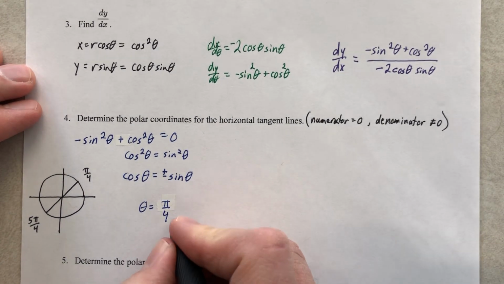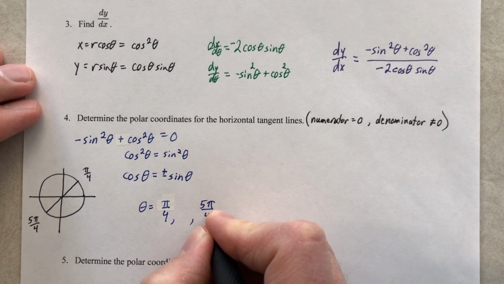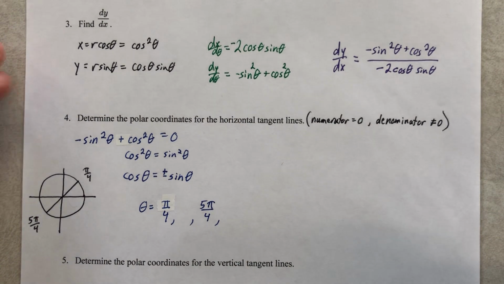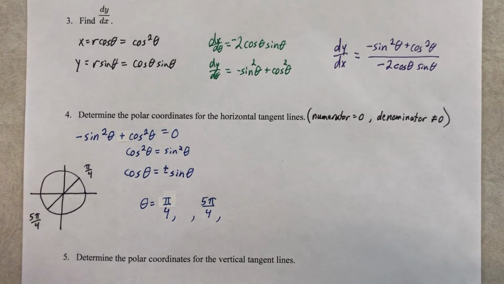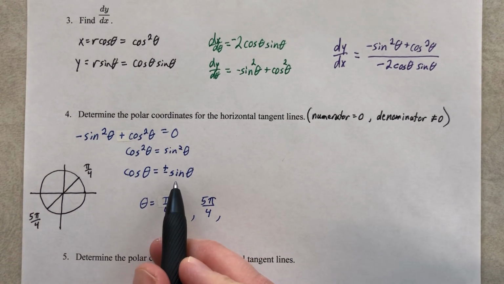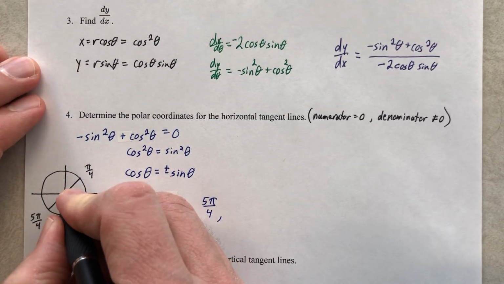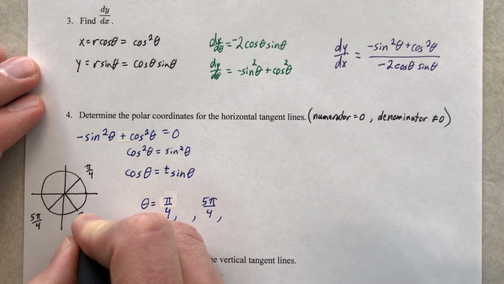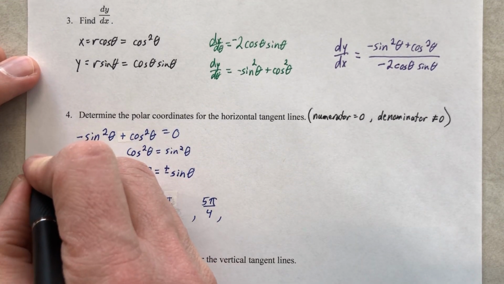All right, so pi over 4, comma, there are going to be 4 answers, and if you don't put them in the same order I'm putting them in, that's fine. But I also need to consider where cosine is equal to negative sine. So basically they are the same number with the opposite signs, and that's going to happen in the other 2 locations. It's fairly obvious in this case. That would be 7 pi over 4 and 3 pi over 4.